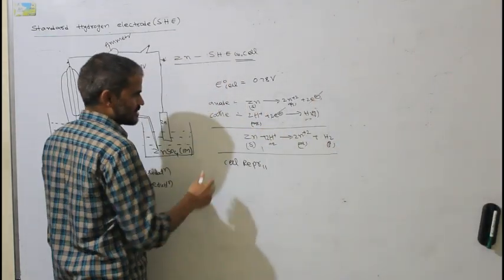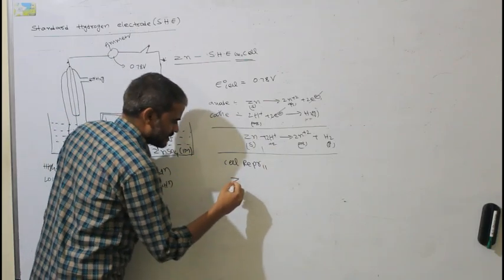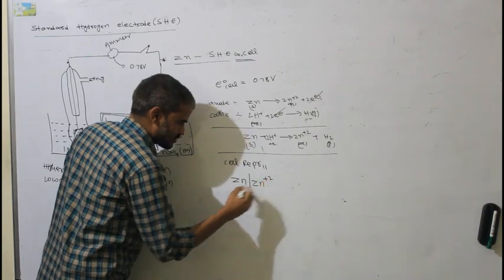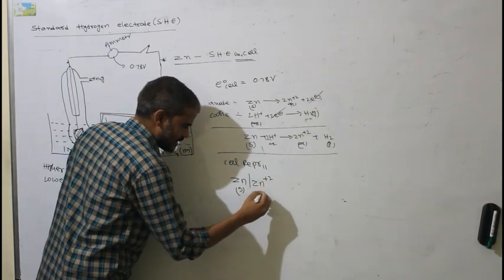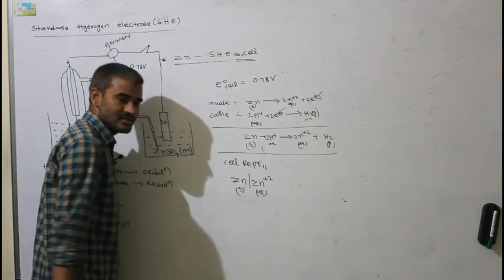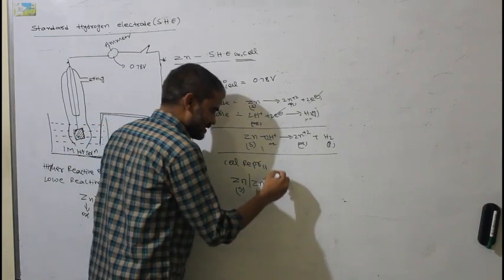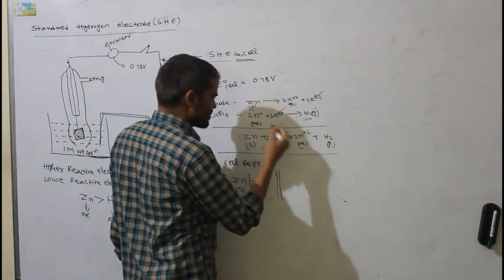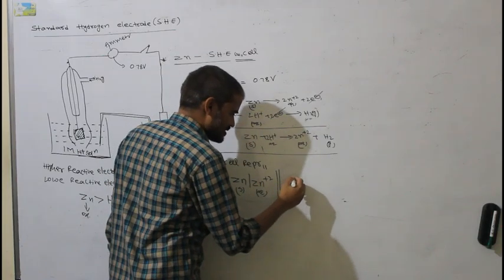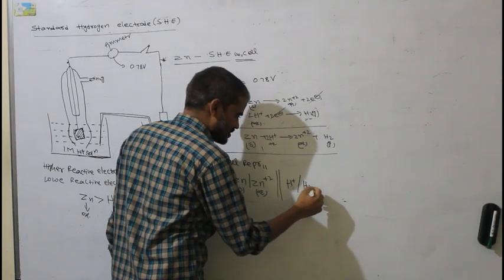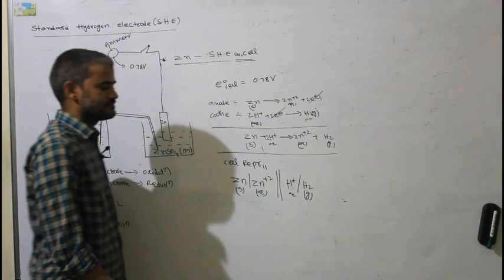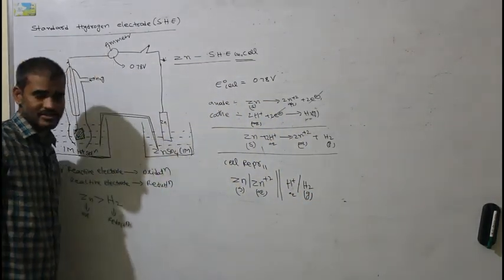First the anode reaction: zinc undergoing oxidation, Zn solid to Zn2+ aqueous. The single slash is the phase difference. Followed by the salt bridge, then the cathode reaction: H+ aqueous converting into H2 gas. This is the cell representation.